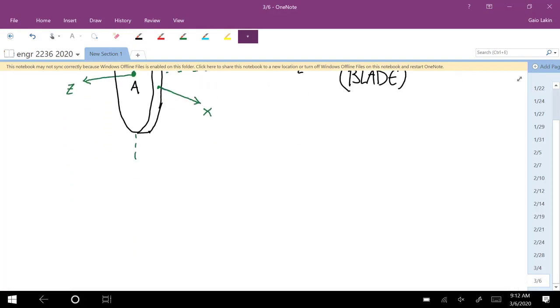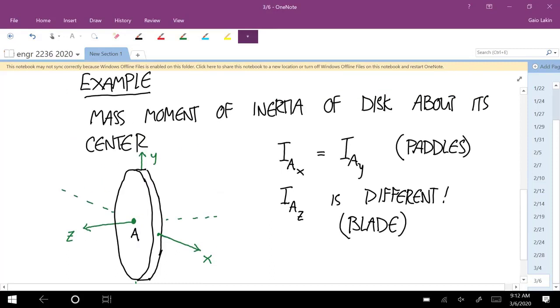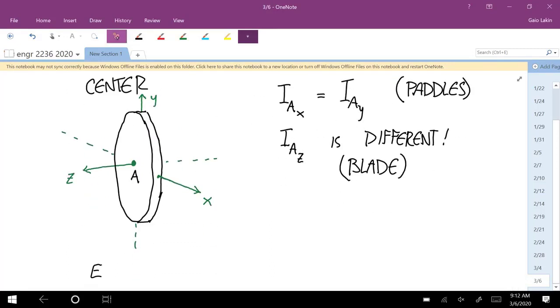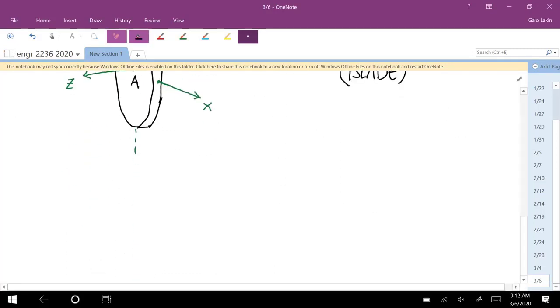Okay, so let's do the mass moment of inertia, where A is the about point, about that axis Z, and we're going to use this definition: over the whole mass of R squared dm, okay?